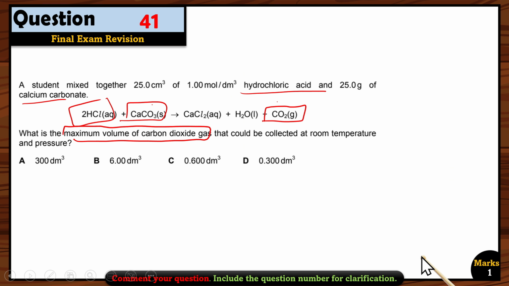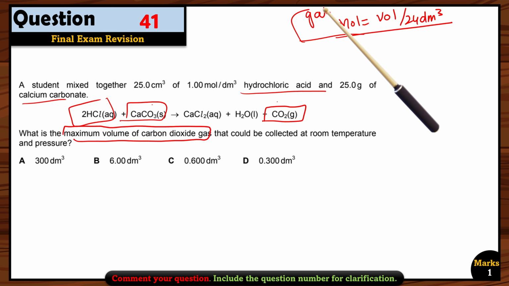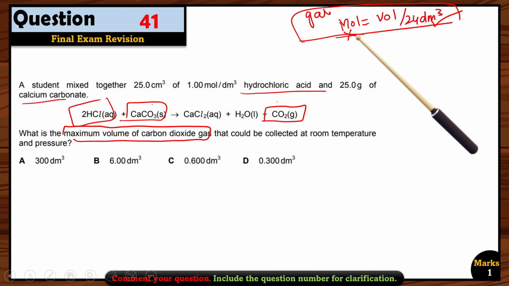So first of all, which formula do we have to use? Moles is equal to volume divided by 24 dm cube, right? This is the formula for gas, and that is the final formula we have to use. We have 24 dm cube, but we don't know the number of moles, so that is our first target. We have to find the number of moles, then we can easily find the volume.